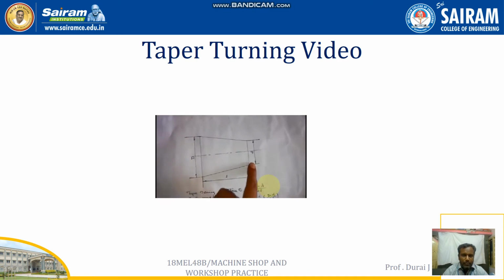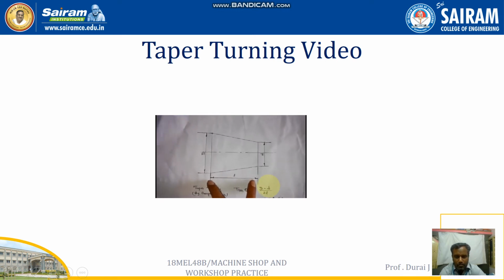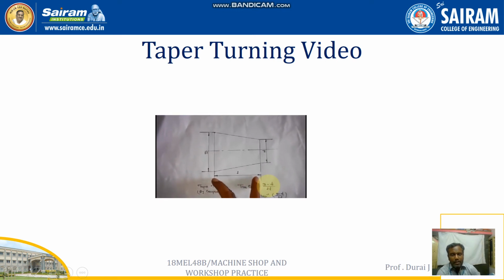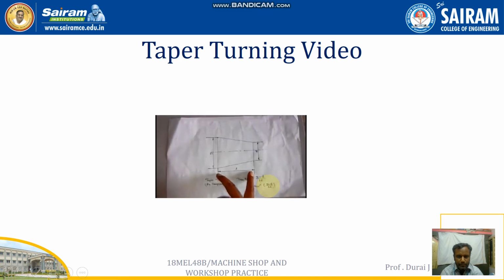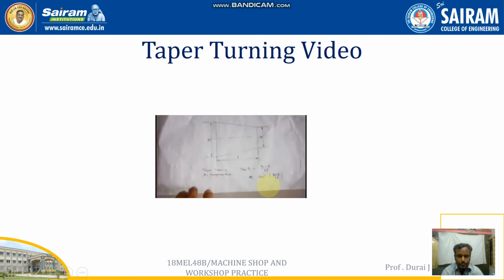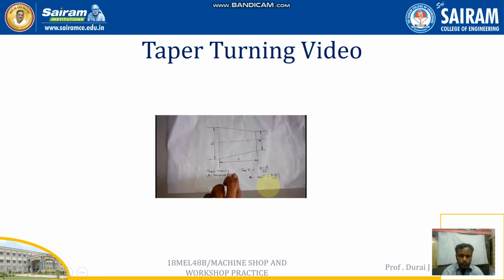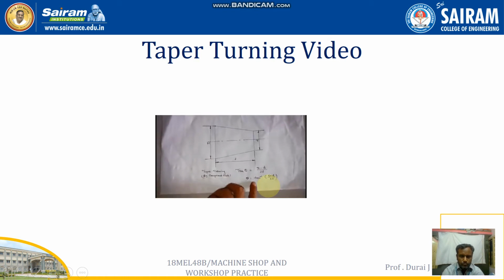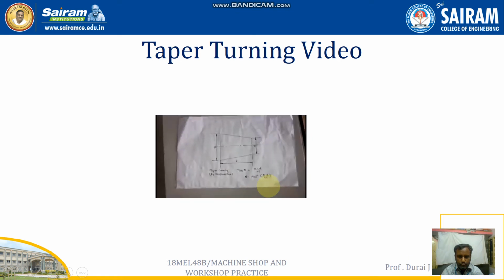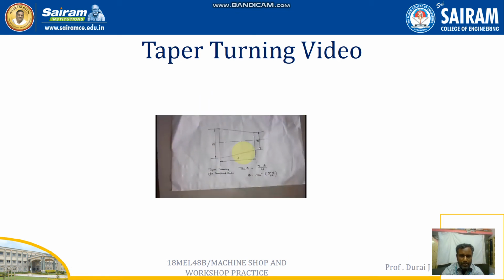After finding the theta value, that means the angle, you can turn the compound slide. This is the maximum diameter, this will be the minimum diameter, and this will be the length.